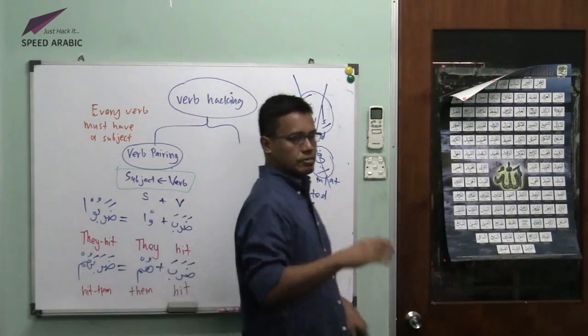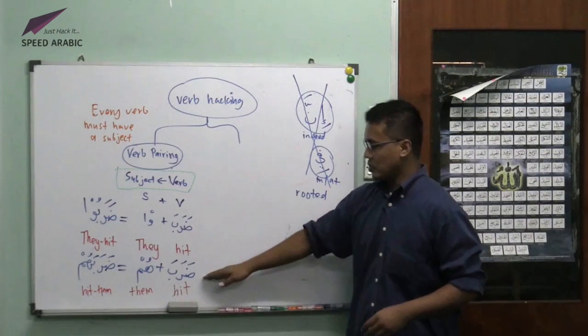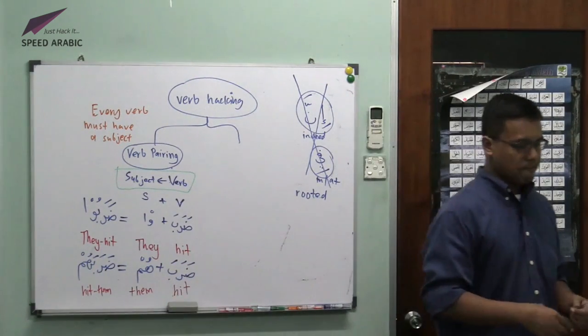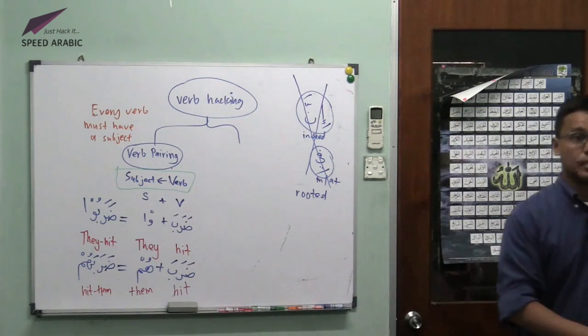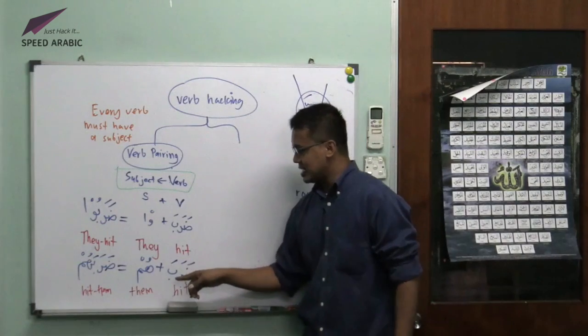Okay. Now just think and look at this verb, daraba plus hum. Is there a subject there? So how do you know that there is a he in daraba?